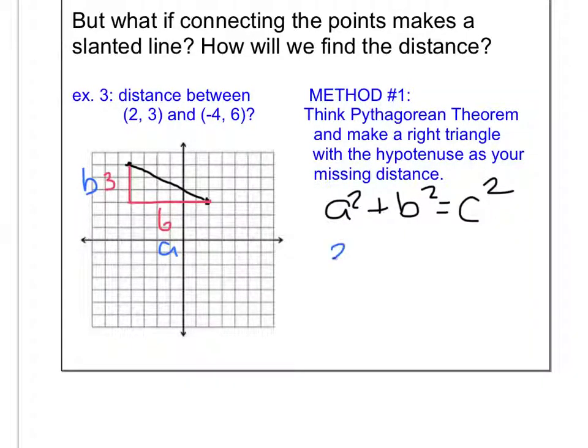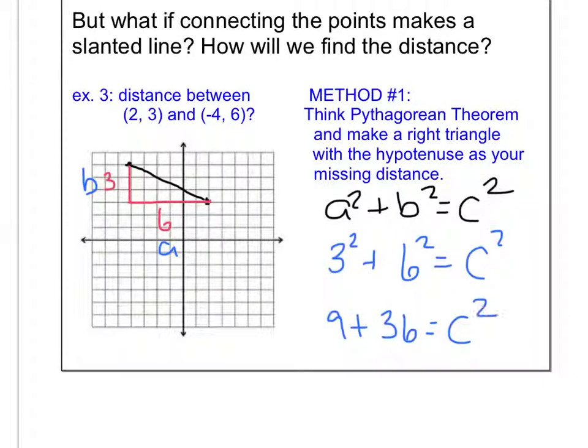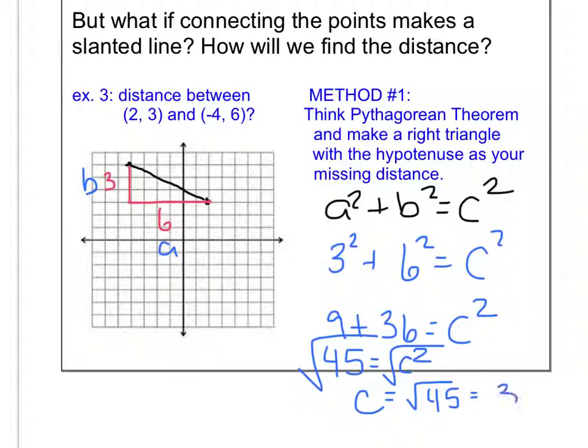So we're going to put in 3 squared plus 6 squared equals c squared. We're going to square both those numbers, add them together, and then you've got c squared equals 45. To undo that squared, you take the square root, and c equals the square root of 45, or 3 square roots of 5. And you should know, based on the buddy system, how I figured that out.